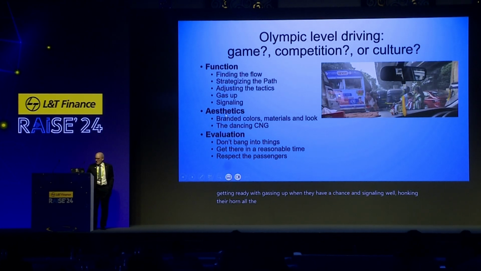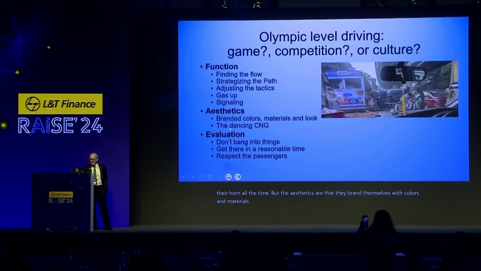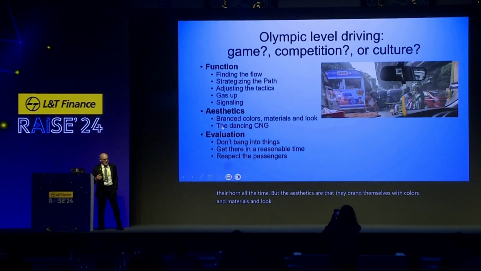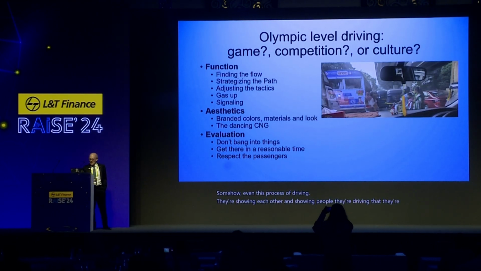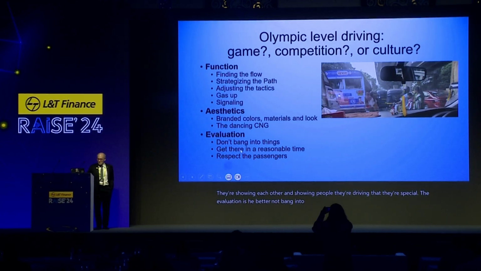But the aesthetics are that they brand themselves with colors and materials and look, and they're dancing. Somehow, even this process of driving, they're showing each other and showing the people they're driving that they're special. The evaluation is, you better not bang into things, get there in a reasonable amount of time, and respect the passengers.